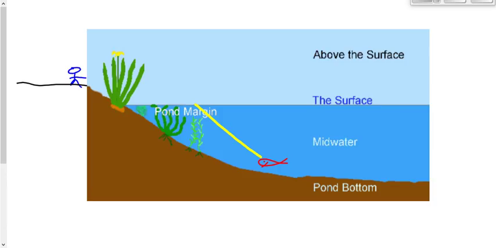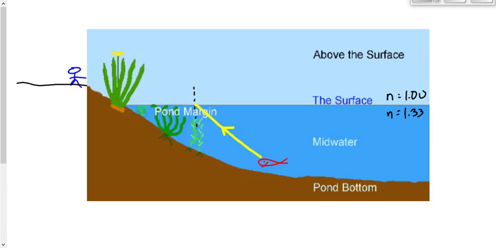Now, that ray of light bouncing off of the fish strikes the boundary between the water and the air. Keep in mind the index of refraction of water is about 1.33, and the index of refraction of air is about 1.00. So as this light strikes the boundary, going from high index to low index, what's going to happen to the speed of the light?